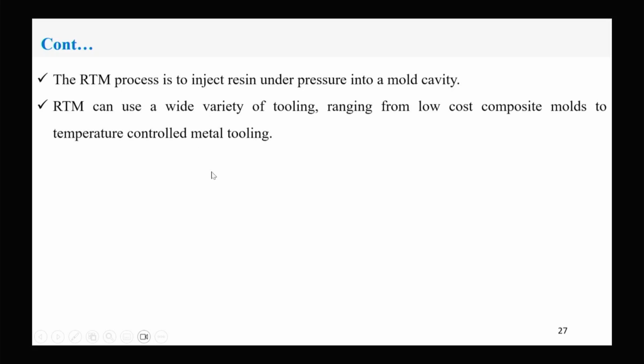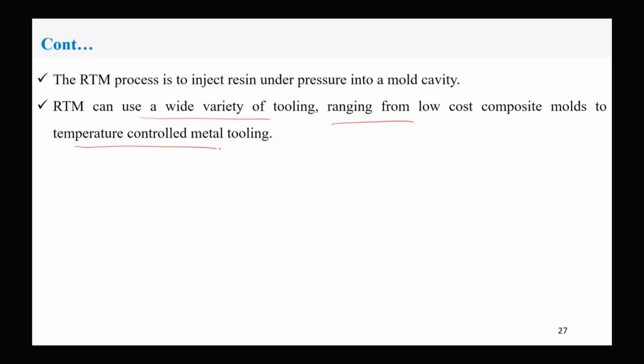So in this process, injection of resin under pressure is there into a cavity, okay, mold cavity. So RTM can be used with a wide variety of tooling ranging from low cost composite mold to temperature controlled metal mold.